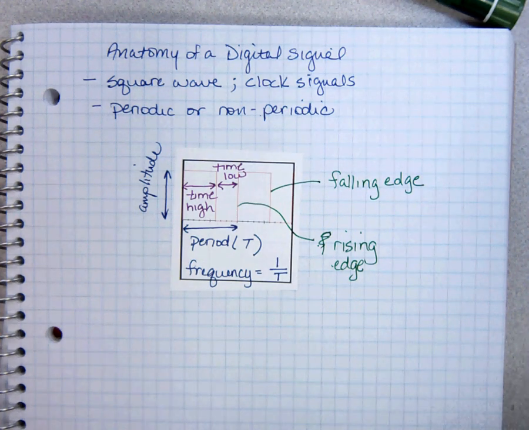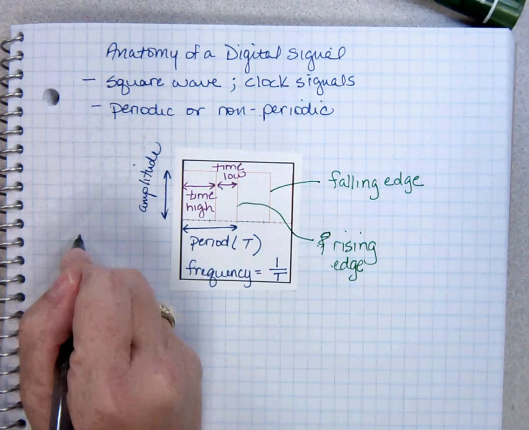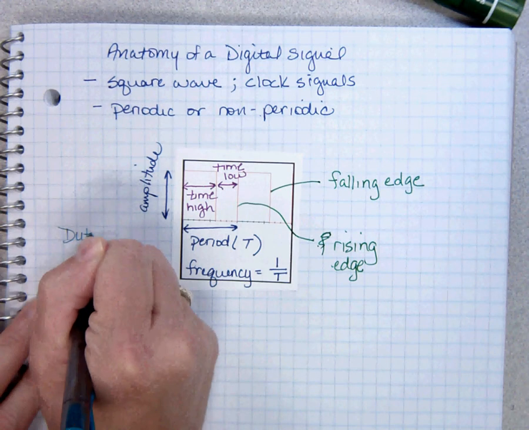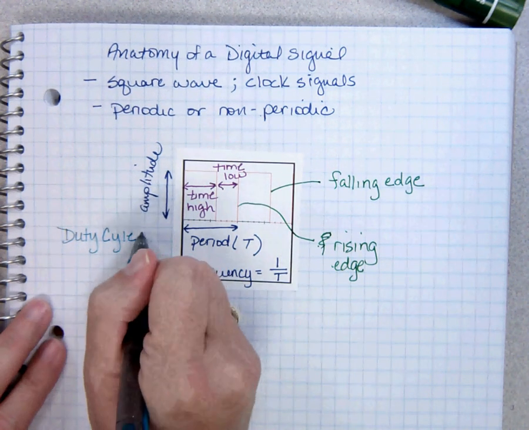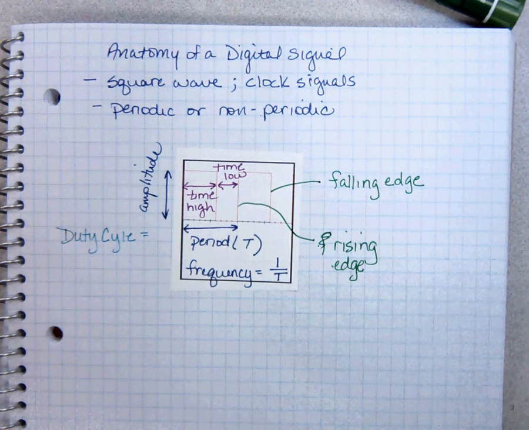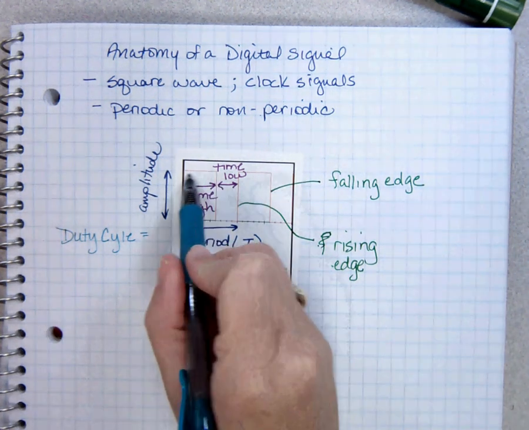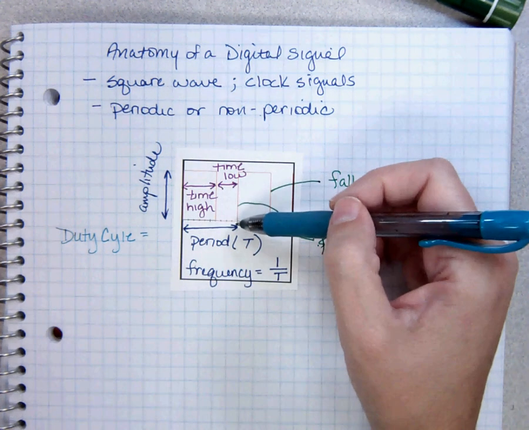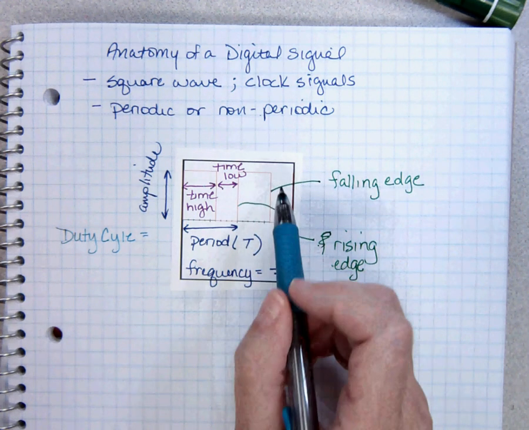Okay, one more term for you is the duty cycle. The duty cycle is the percentage of time that your signal is high. So I can have peaks here that last a very long time with low periods that are very short, followed by another long period of a high value.